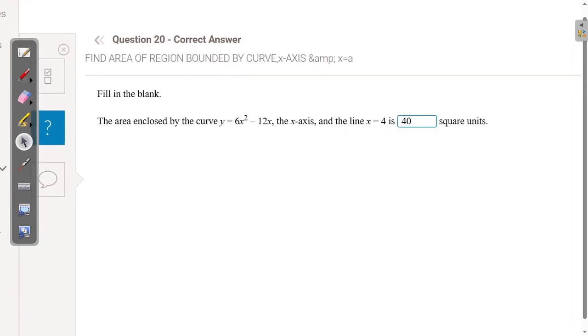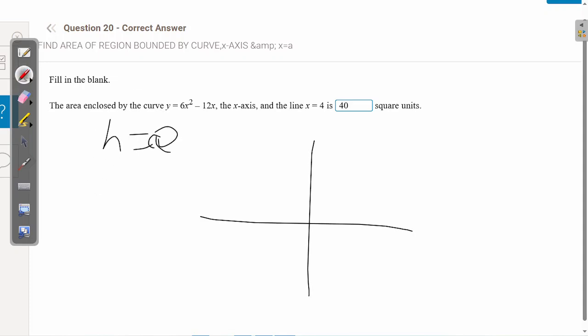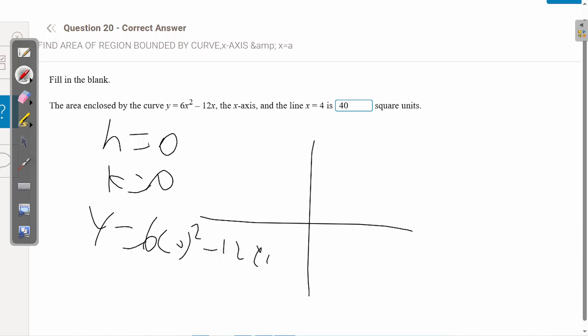And now this question is similar, so you graph a rough sketch. It will be opening upwards again, and here the h is equal to 0 because negative b is not there anyway, and here k is also 0 because y is equal to 6 times 0 squared minus 12 times 0, which is 0.